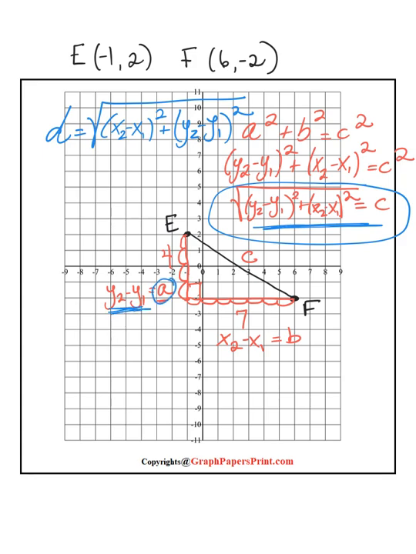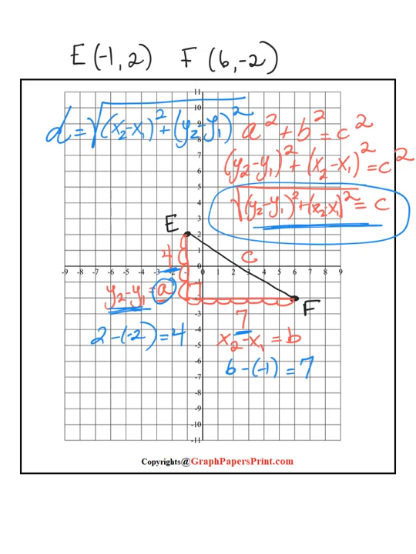for the difference in my y coordinates, which we know is 2 minus a -2, which does give me 4, which is what I got when I counted on the graph. And x2 minus x1, the difference in my x coordinate is 6 minus a -1, which does equal 7, which is like what I got when I counted.